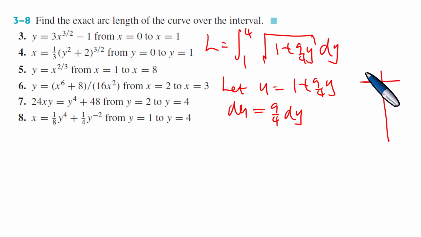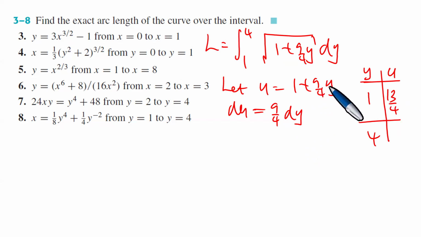So now you have y and then u. Y is from 1 to 4, the limits of integration. U, if you put 1 here, y equals 1, and then it becomes 13 out of 4.